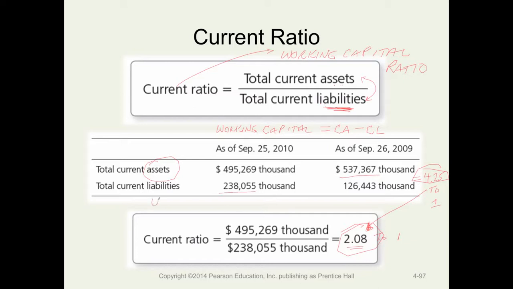So in this case, if we wanted to calculate working capital in 2010, it is 257,214, and working capital in 2009 was 410,924. And again, working capital is another measure of liquidity. What we're trying to do, as I said earlier, is match maturities to be sure that you have sufficient current assets to cover your current liabilities.